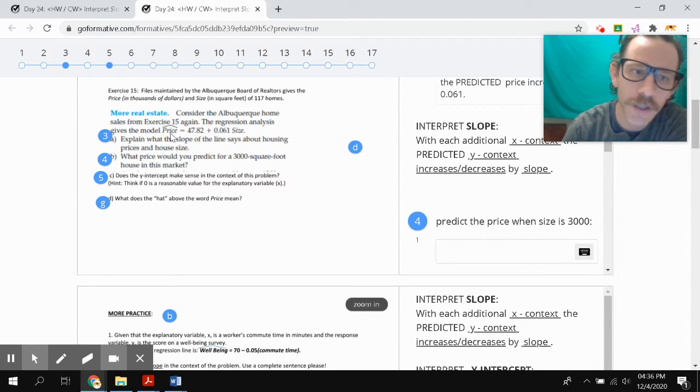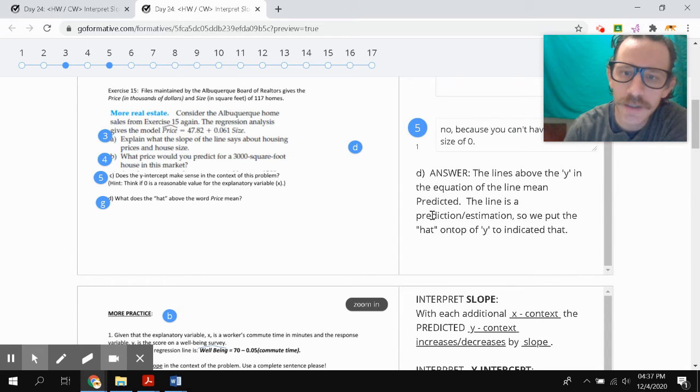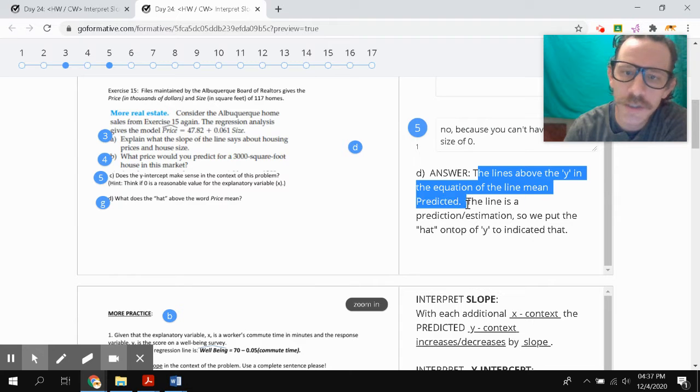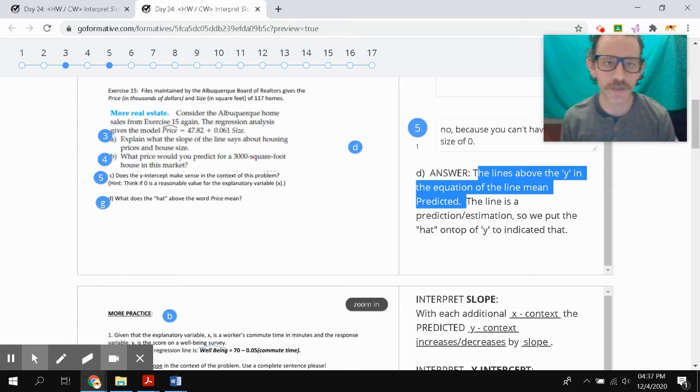So if we're thinking about what the y is, or the response variable, that's price, because it says price equals with a hat on top. The hat is there because the lines above the y in the equation mean predicted. This best fit line is not the actual, it's a prediction, right? It's a trend showing where the points kind of follow.